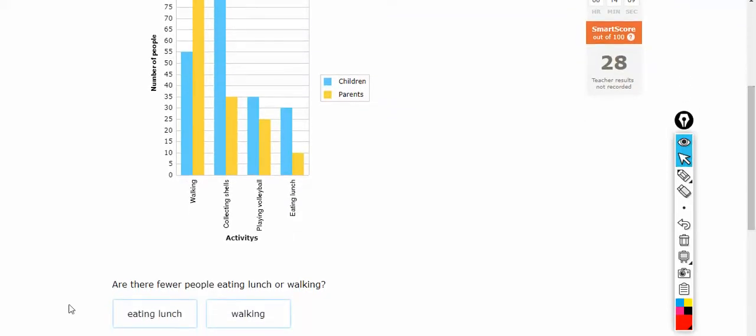Are there fewer people eating lunch or walking? So when I say the number of people, I'm looking for a number over here.